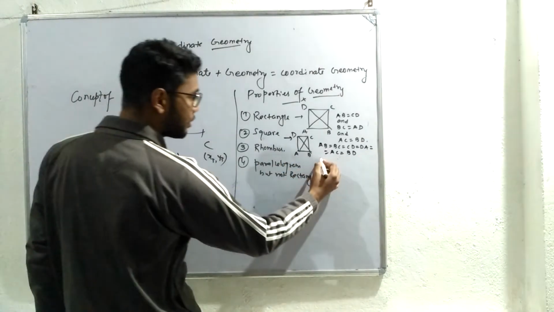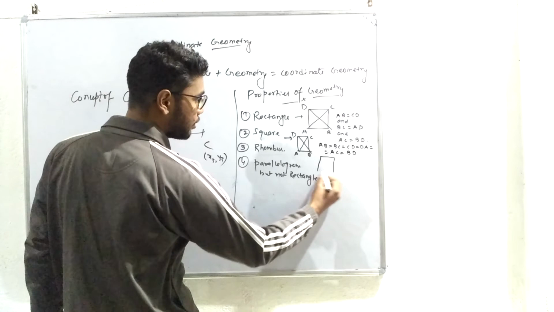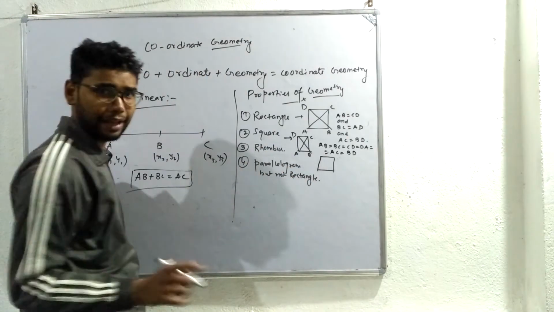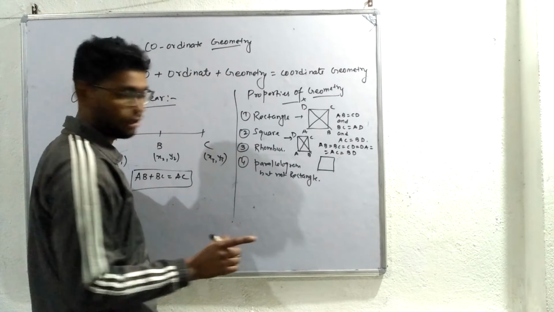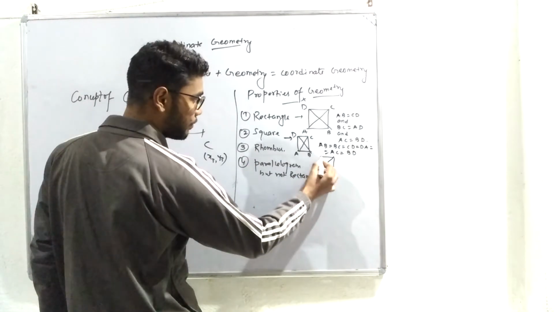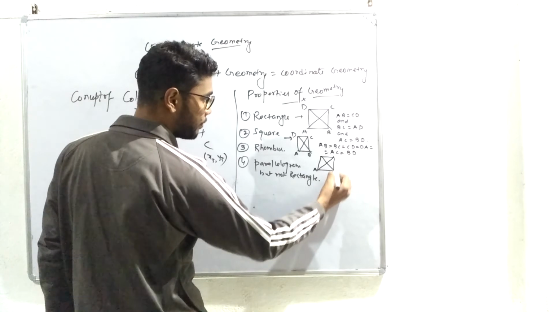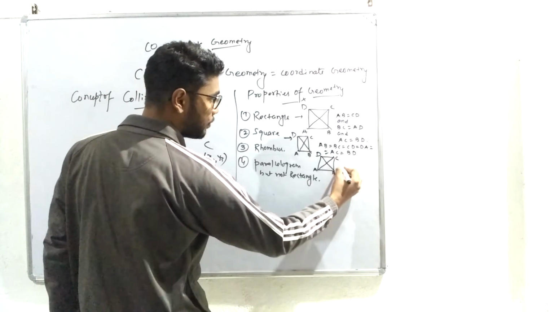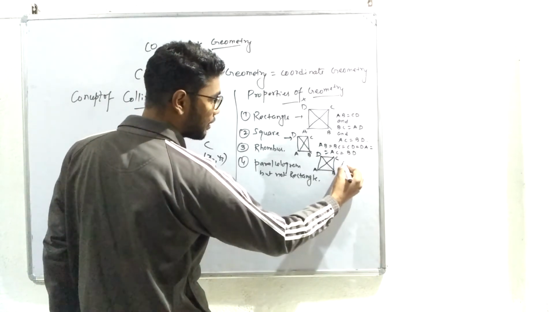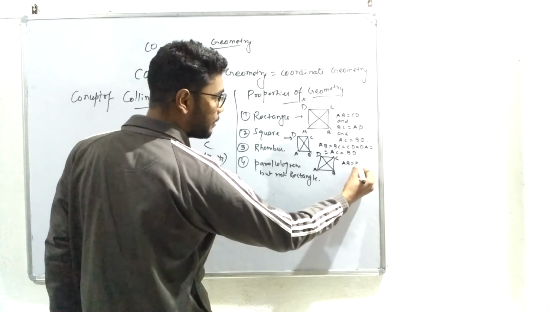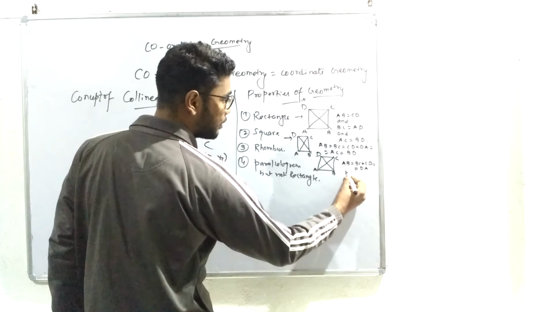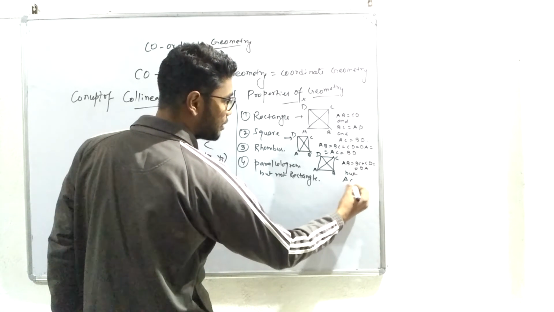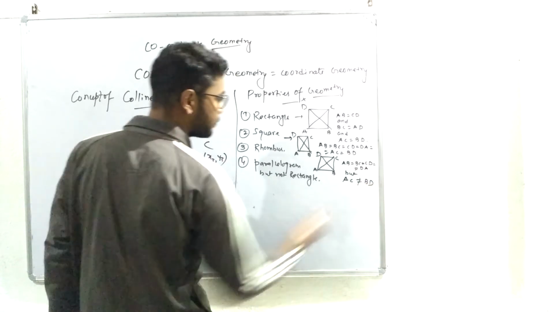Next one is the rhombus. A rhombus is like a square, but the diagonals are not equal. In this rhombus all sides are equal: AB equals BC equals CD equals DA, but diagonal AC is not equal to BD.